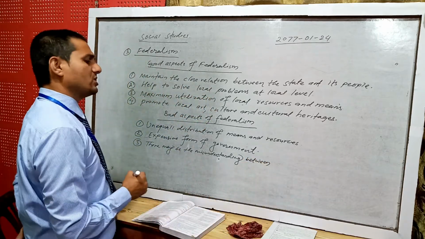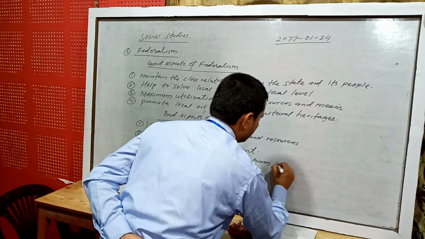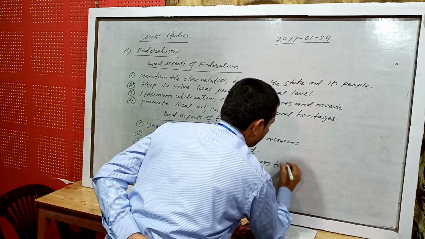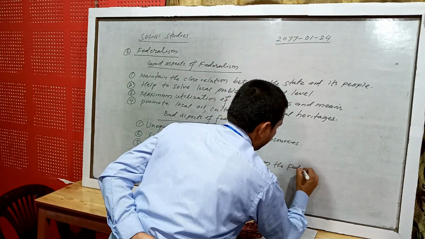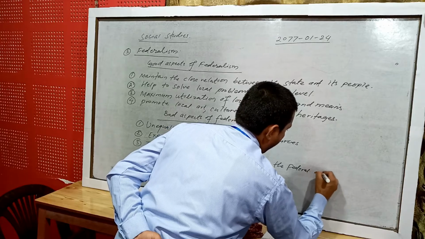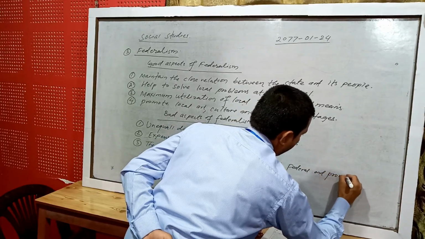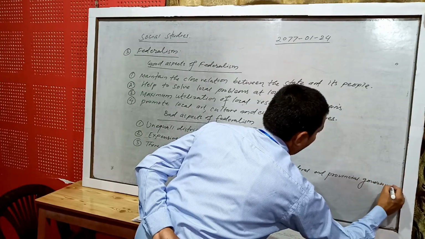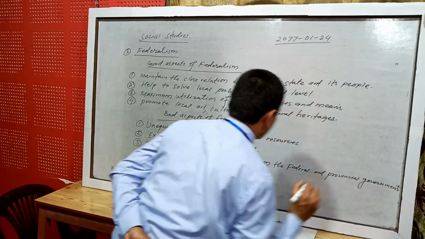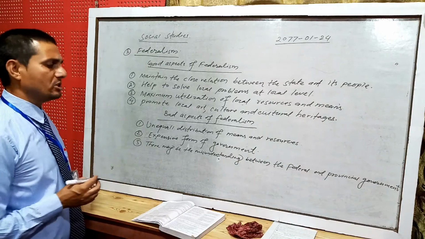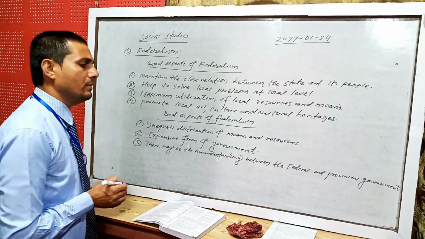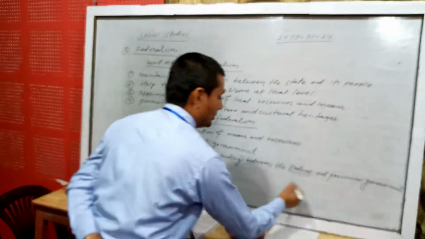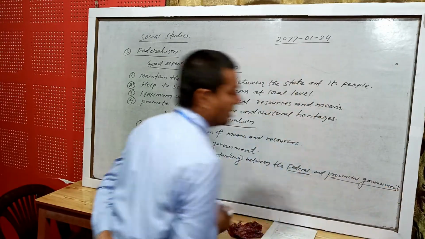Similarly, next one is that there may be misunderstanding between the federal government and provincial government.